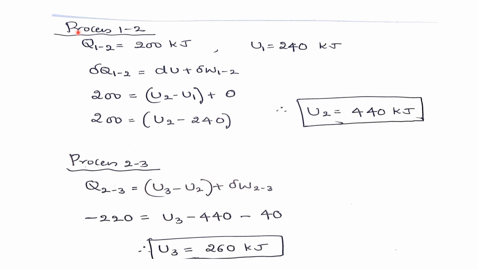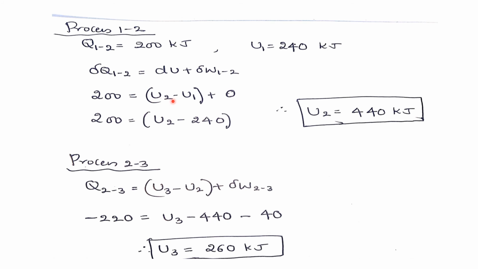You can see here process 1 to 2 is a constant volume process. Q12 is given as 200 kilojoules, where U1 is equal to 240 kilojoules, the initial internal energy. So we know the formula by first law of thermodynamics. Delta Q of 12 is equal to du plus delta W of 12. So 200 kilojoules of heat is given.